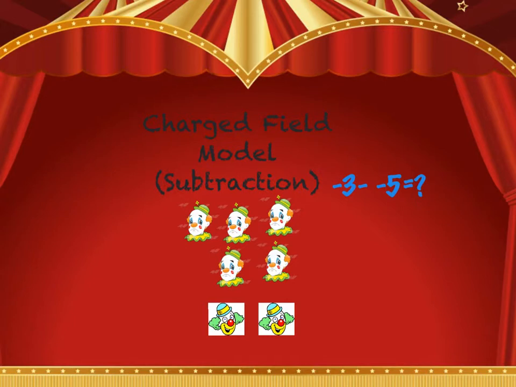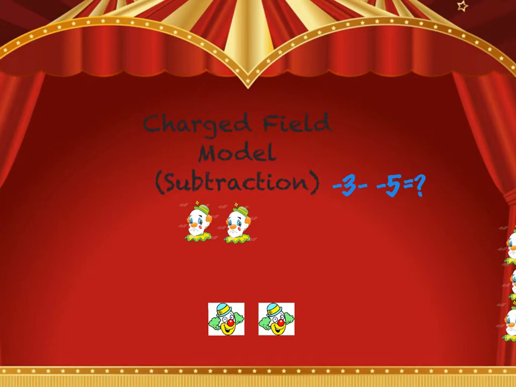So since we are subtracting -5, what we do now is remove 5 sad clowns. At this point, we're going to take 5 sad clowns out of the circus. 1, 2, 3, 4, 5. All 5 sad clowns are gone, so the negative 5 has been taken care of.